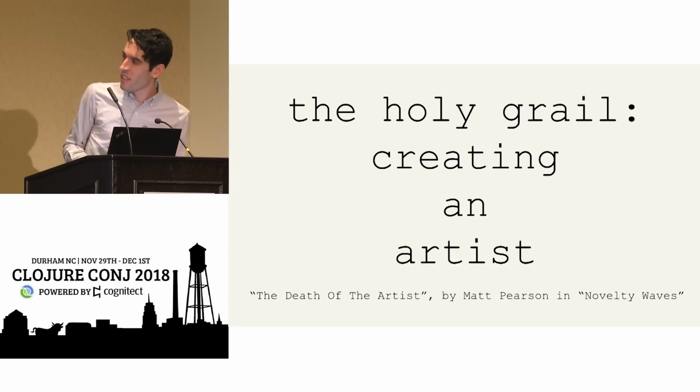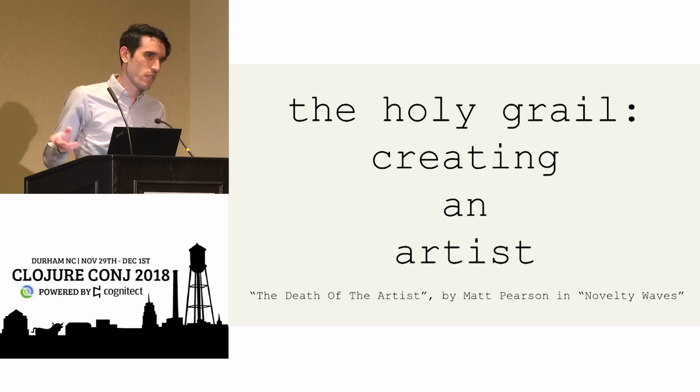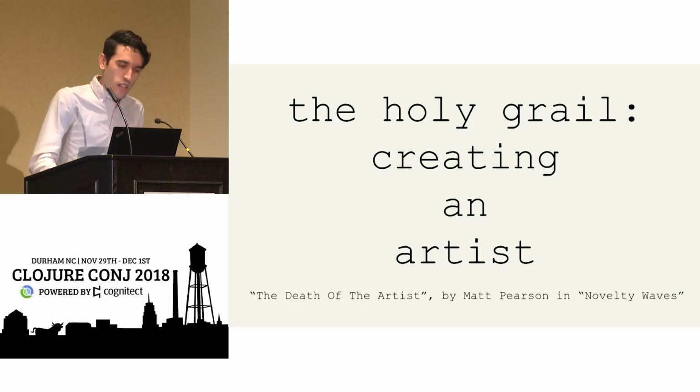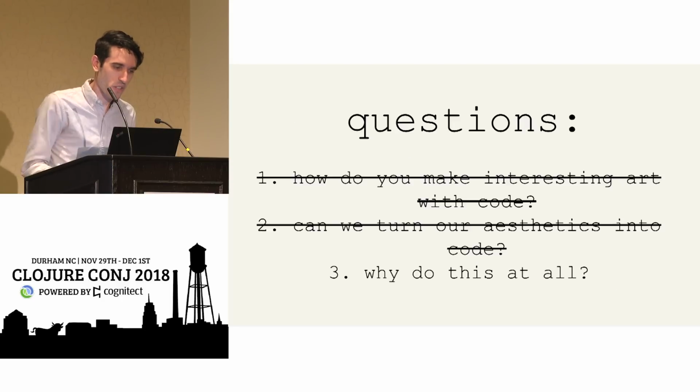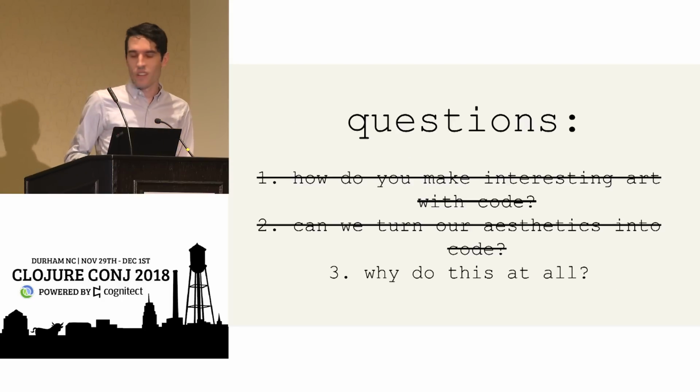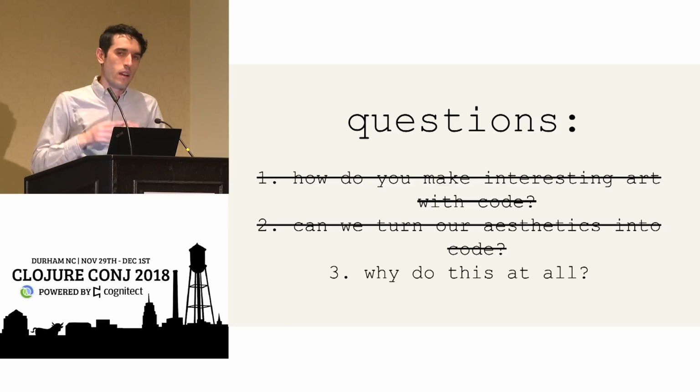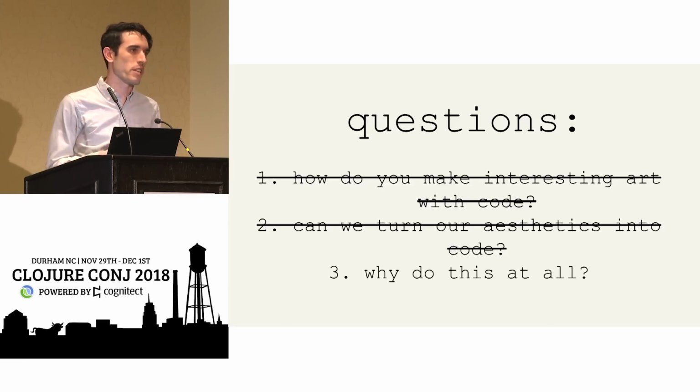There is an interesting short story by Matt Pearson that talks about somebody writing an AI artist. I recommend checking it out. So I think the answer to this question, can we turn our aesthetics into code, is we can go partway there, but not entirely. It has to be a collaboration between the artist and the program, which is okay.